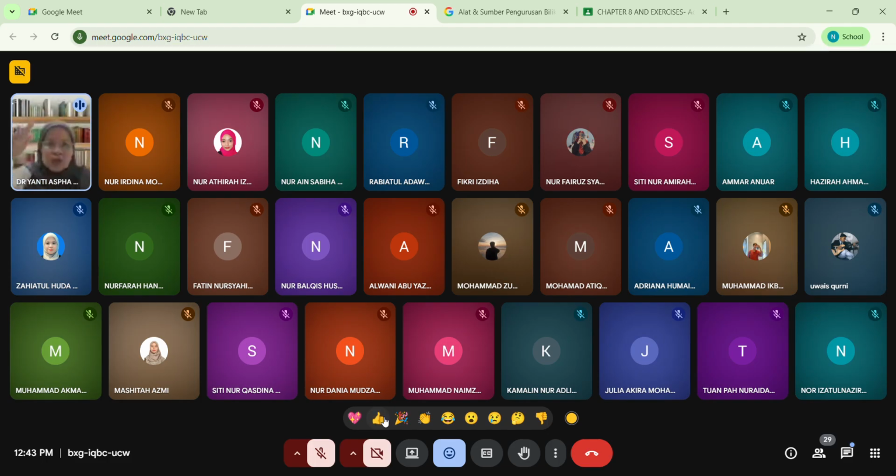And you need to know how to amortize the loan, macam mana the loan is being paid sampai the end of the settlement. So that's it for chapter 10. We have one more chapter, chapter 11, before we end the semester. For chapter 11, inshallah next week we will have presentation.